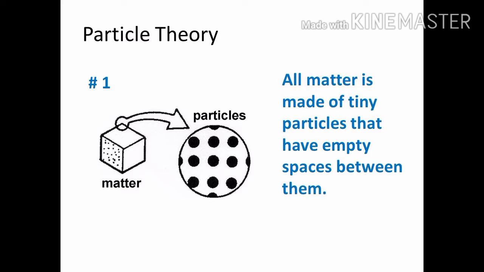All matter is made up of tiny particles that have empty spaces between them. So it all depends upon the arrangement of these particles, how they are arranged, and their basic characteristics, by which we can decide whether a particular substance is a solid, a liquid, or a gas.